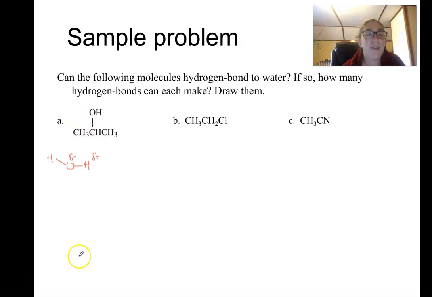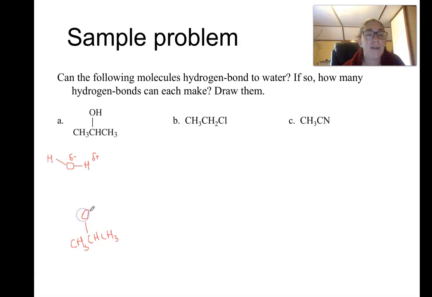All right, now if we redraw out this guy a little bit, I'm going to keep this part condensed, CH3, because this part is nonpolar, the carbons and hydrogens. So CH3, CH, CH3. But I'm going to expand out that alcohol group a little bit. So OH, remember, is an alcohol.